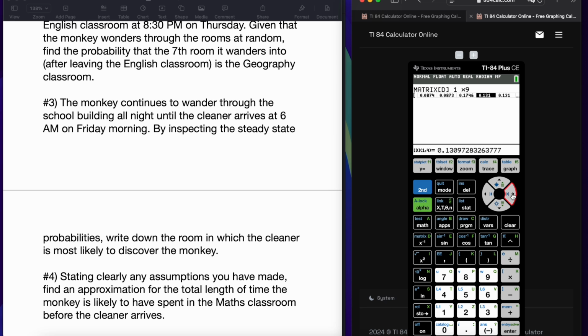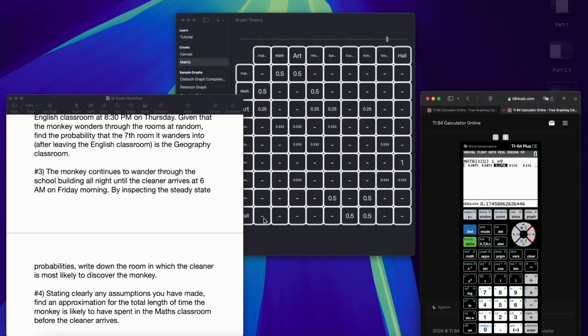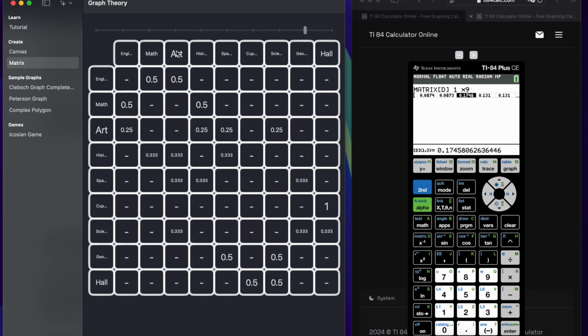I've got 17% is the highest so far. Okay, so it looks like around 17% is the largest probability appearing in this matrix. That corresponds to the third column, and from our transition matrix, that was the art room. So that means the monkey is most likely to end up in the art room by the time the cleaner arrives.